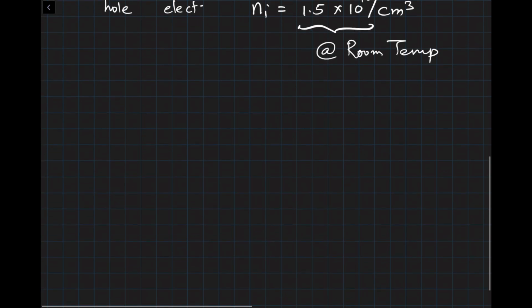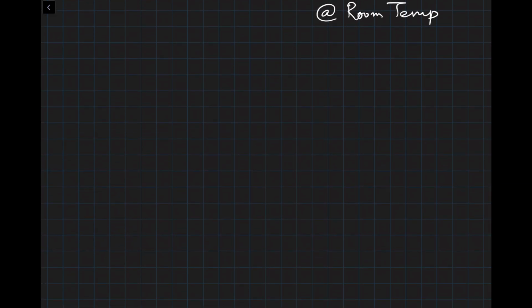And the element we are going to use is boron. Boron has only 3 electrons in its outer shell. You will have one missing electron in the silicon when you introduce a boron, and boron is called an acceptor impurity.